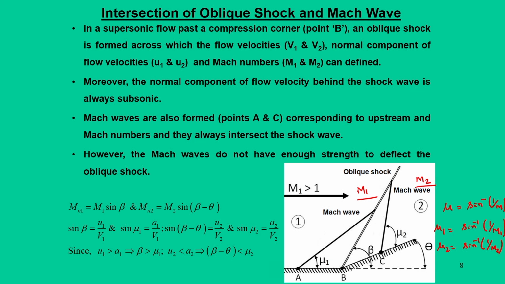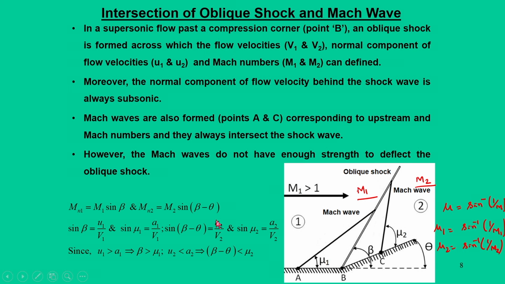To analyze this, we have to represent these things with respect to velocities. Here we bring in the horizontal component of velocity u1, where the total velocity is V1, and similarly for V2 in the region 2 the horizontal component will be u2.